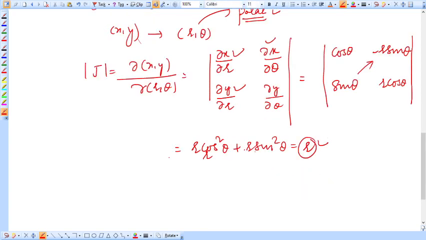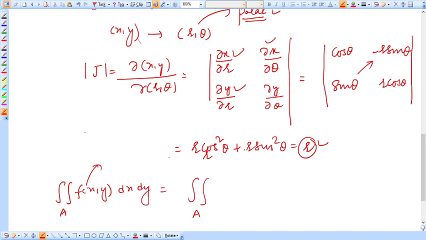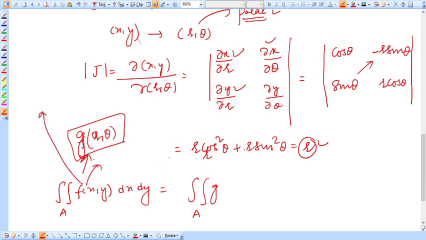So now this double integral of f of x, y dx dy could be written as the double integral of f of phi of r theta comma psi of r theta.